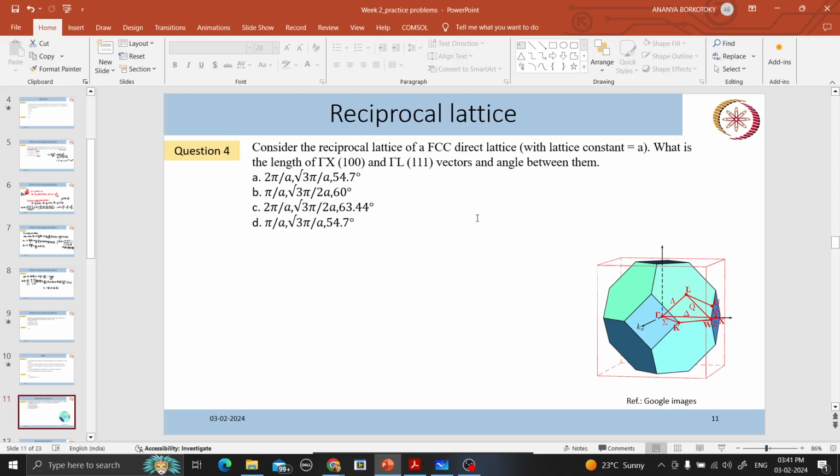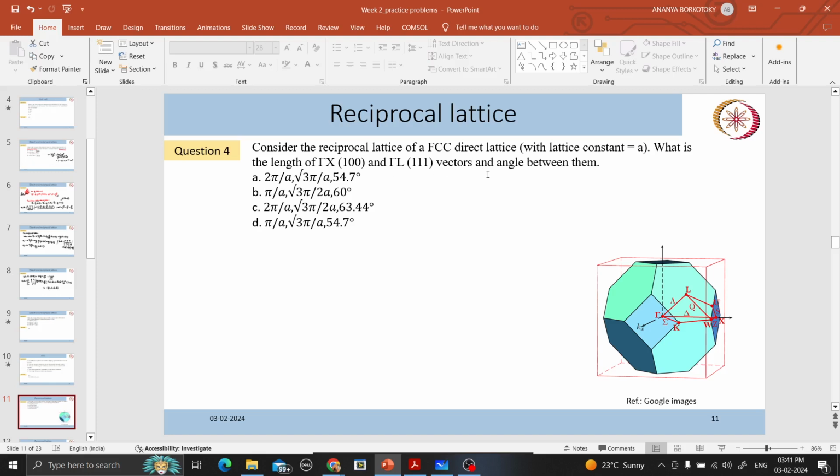So this is question 4. This is again on reciprocal lattice. Most of the questions, reciprocal lattice will be FCC with FCC direct lattice, because the most commonly used materials, especially in semiconductor, is silicon, and silicon has FCC lattice structure. So that is why this question is given.